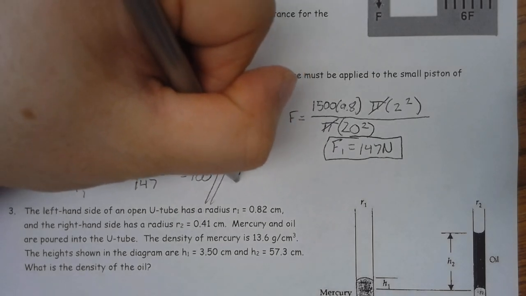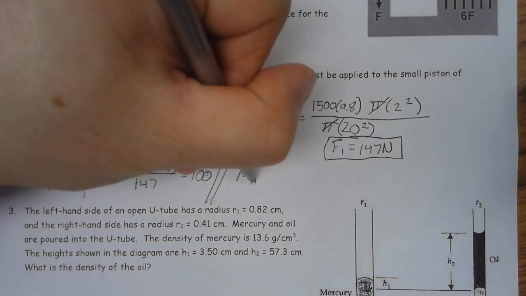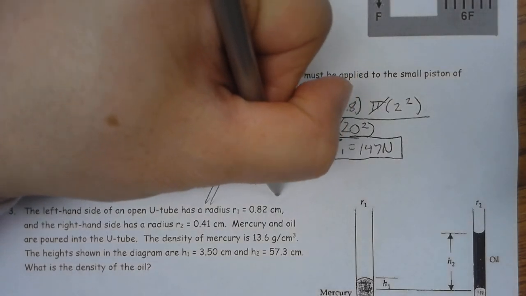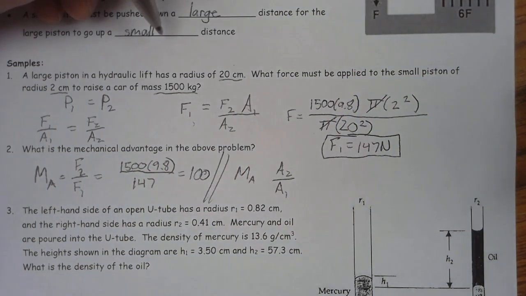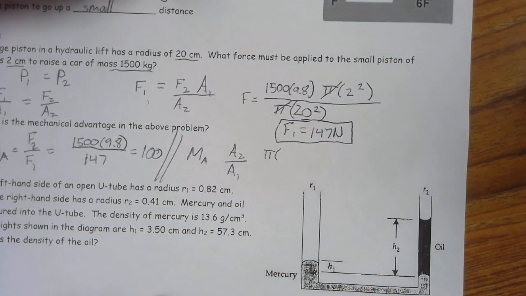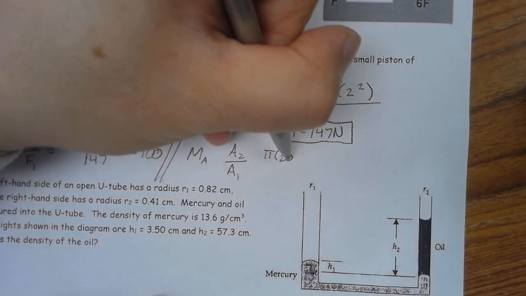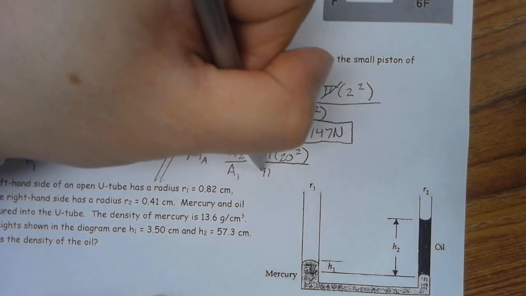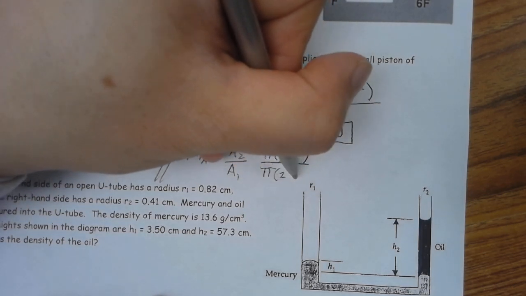The other way to do this, and to prove that I can do that real quickly, is because really it's just area 2 over area 1. And we had pi times 20, that's our output, squared, over pi times 2 squared.